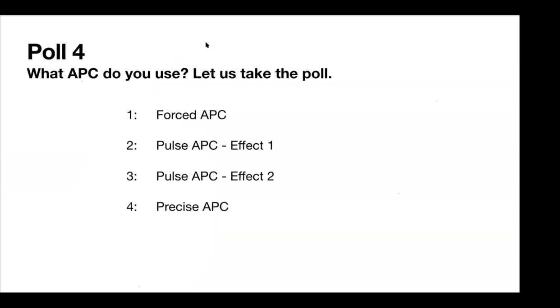So, okay. What APC do you use in this case? We saw the cecal angioectasia. And what type of setting will you use? Are you going to use a forced APC, pulse APC effect 1, pulse APC effect 2, or precise APC?